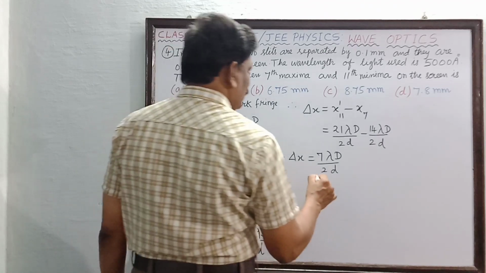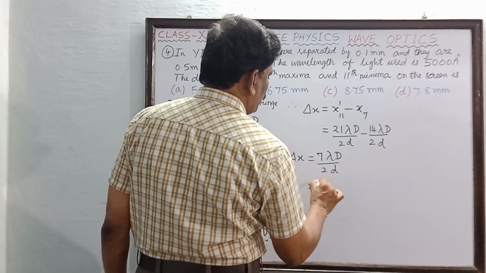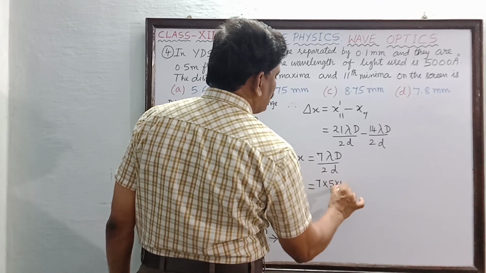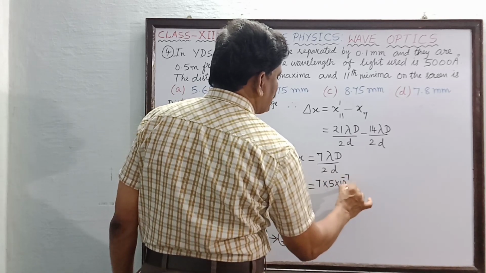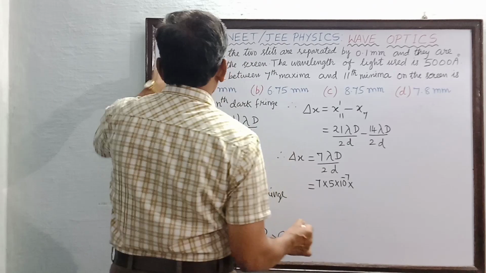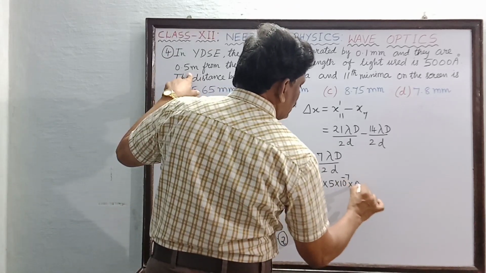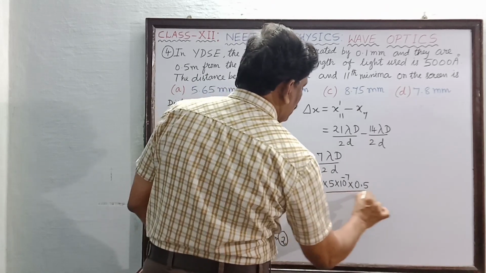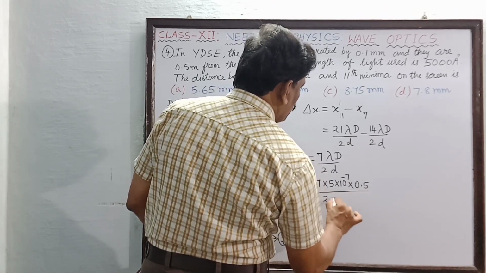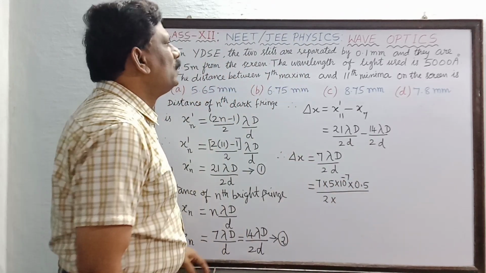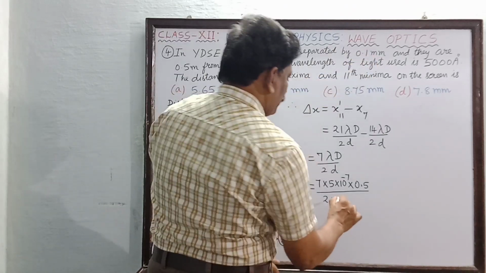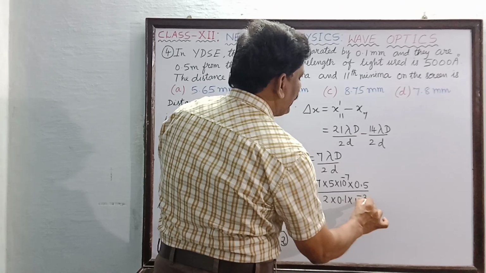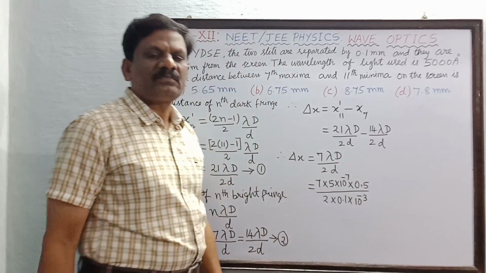So I am going to substitute here: 7 into 5 into 10 power minus 7 meter into 0.5 meter, divided by 2 into 0.1 into 10 power minus 3 meter.